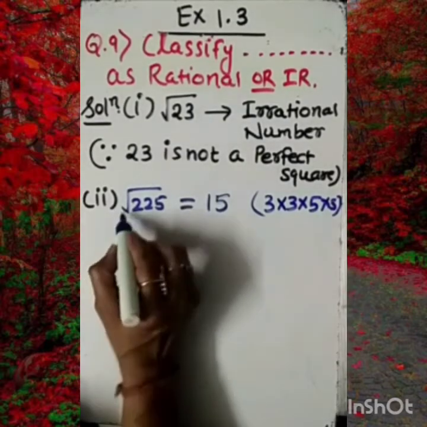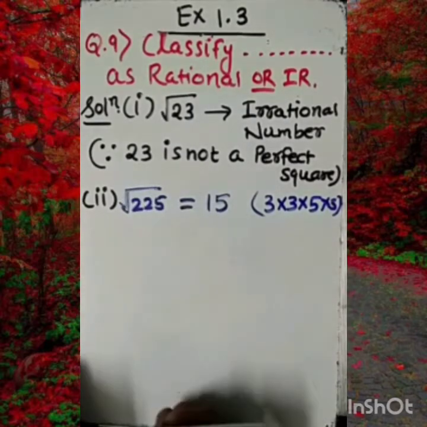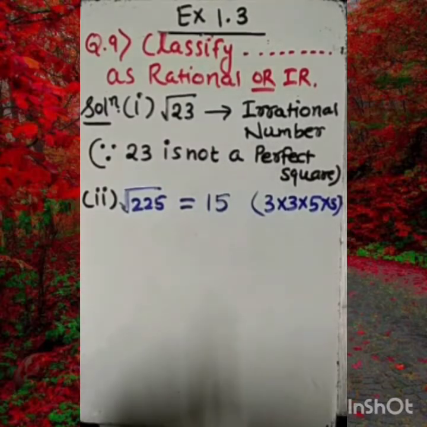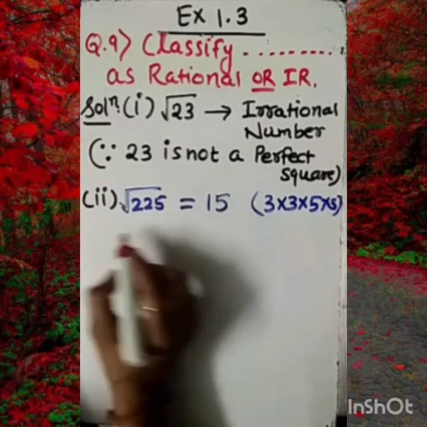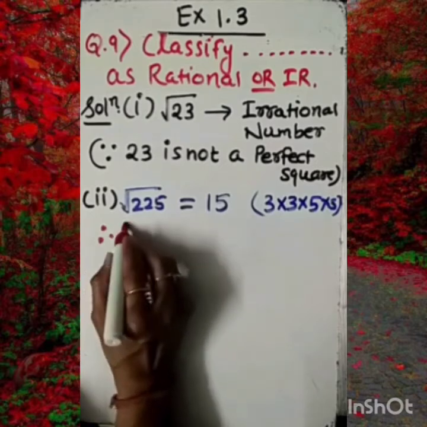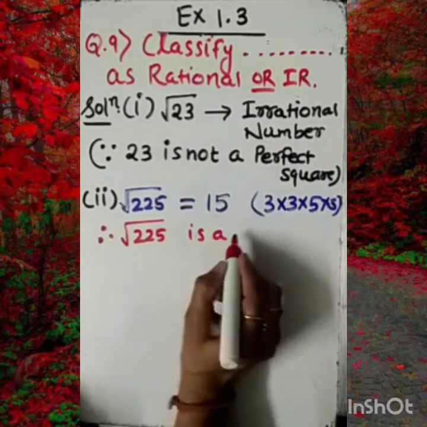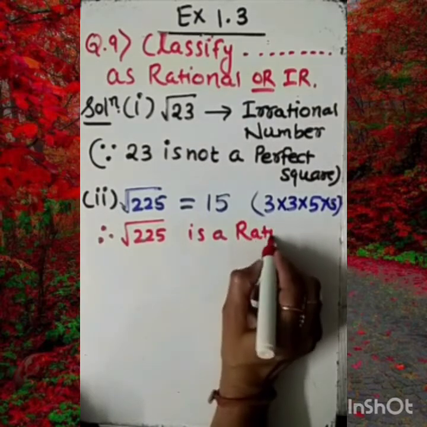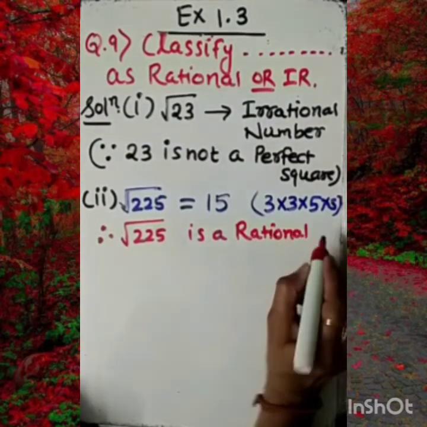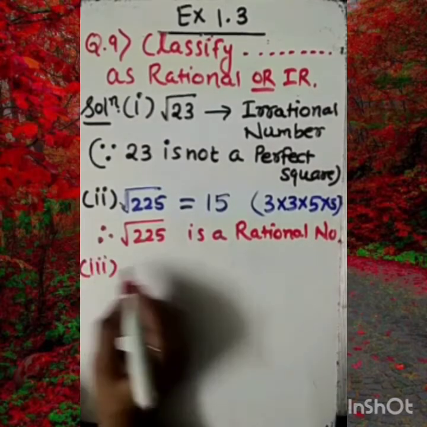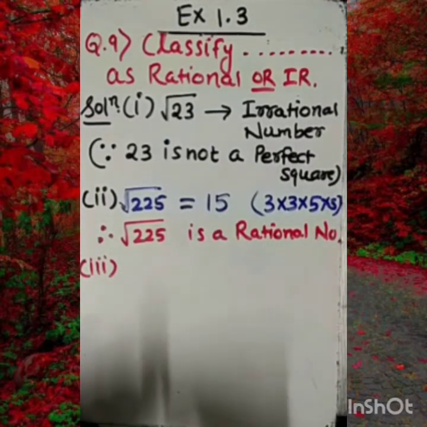So the square root is 15, and as we know, 15 is a rational number. Therefore, under root 225 is a rational number. The square root is in integer form, a rational form.